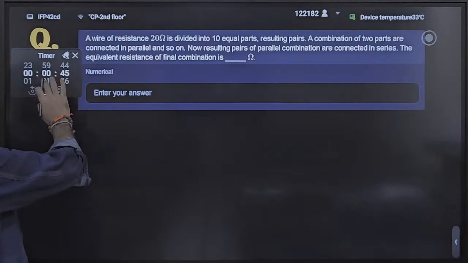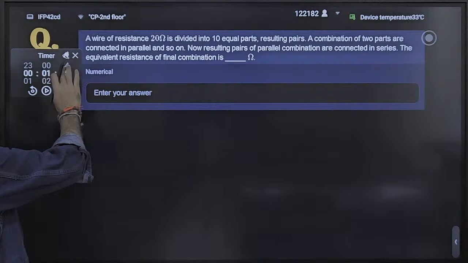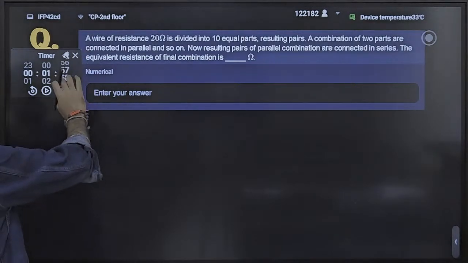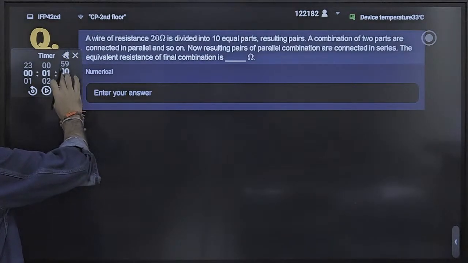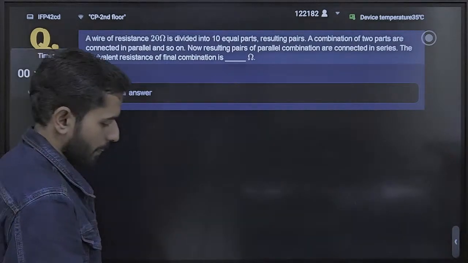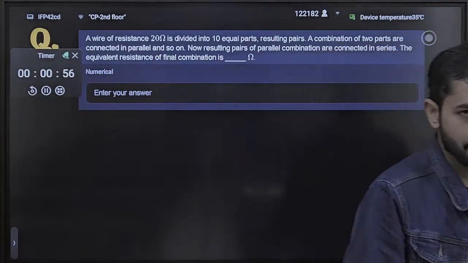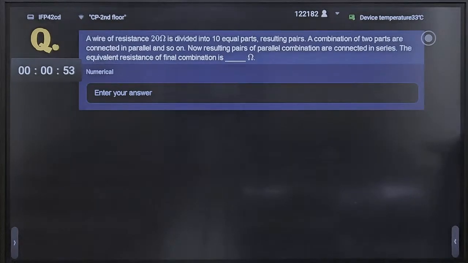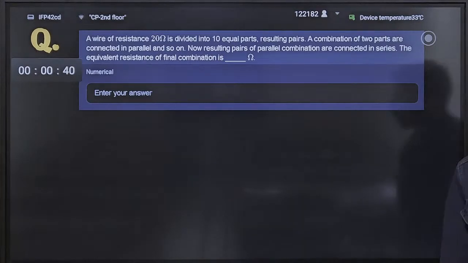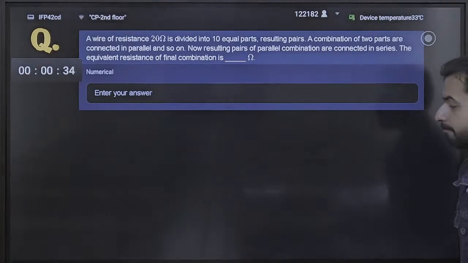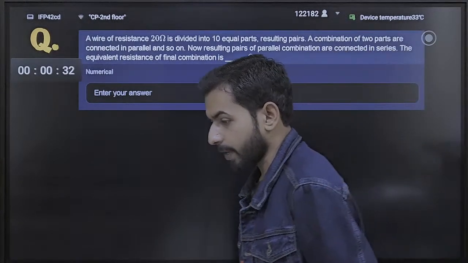Solve this question. Think properly about this question and try to get the answer by yourself. The question is actually very easy, but the statement may be confusing you.